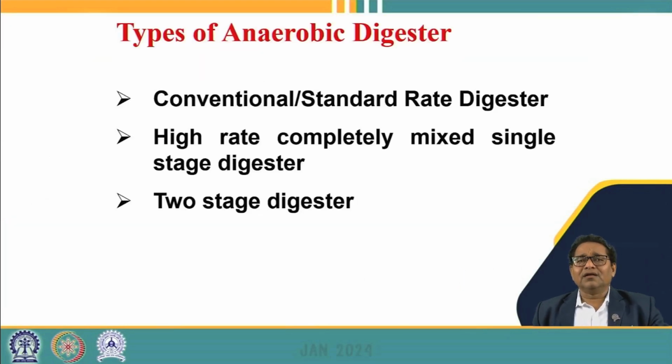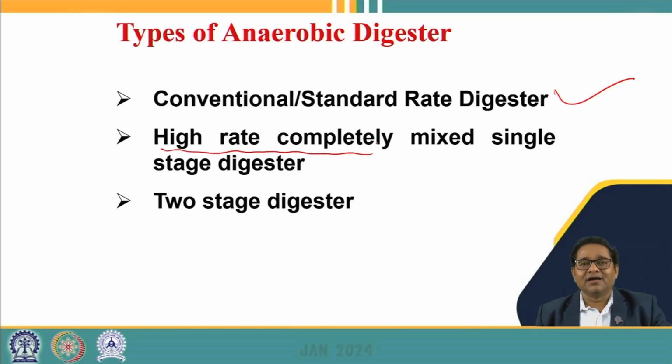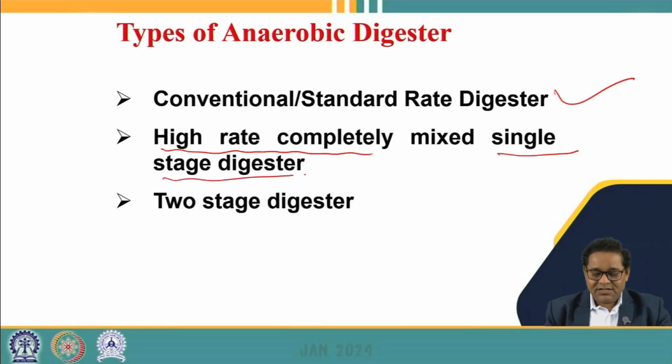Then let us talk about the various types of digesters where we can carry out this digestion process. There are basically three types of digester. One is the standard rate or conventional digester, and the other is the high rate or completely mixed type of single stage digester.